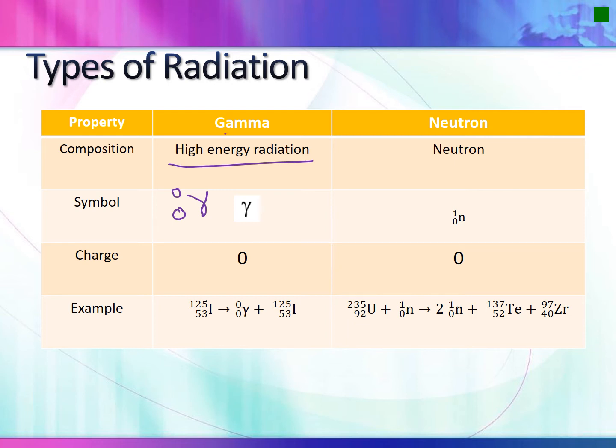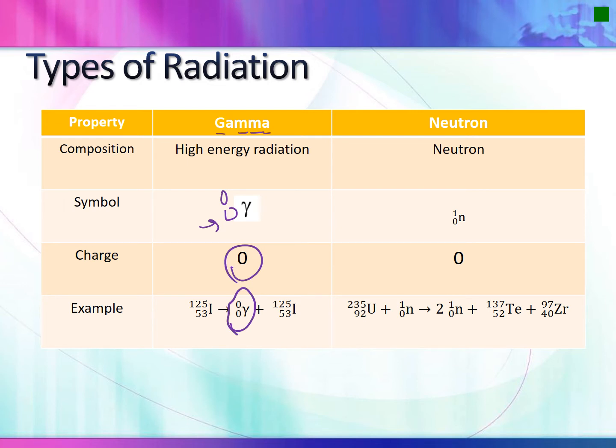Gamma itself, the word, has 2 A's, 2 M's, so therefore it has 2 O's. Double A, double M, double 0. When I'm looking for the charge, I look at the bottom and it has a 0, so that would be a 0 charge. And then when I look at my example, there it is, my double zeros.